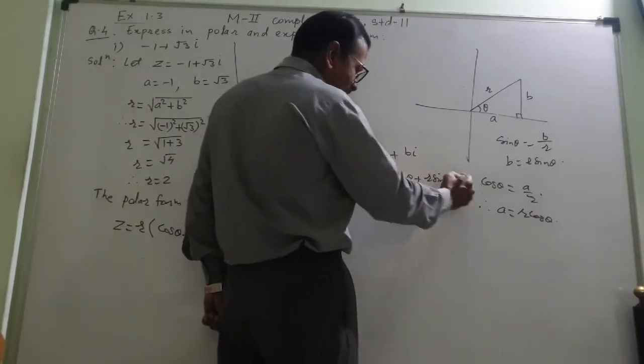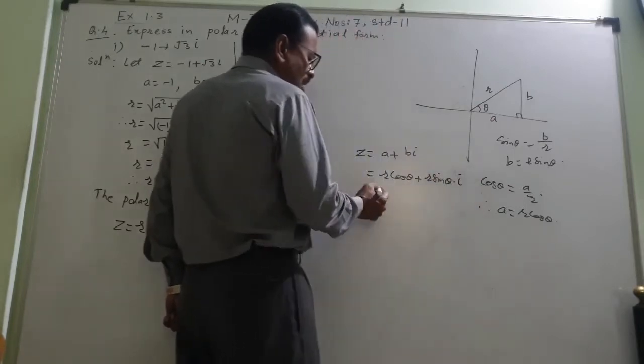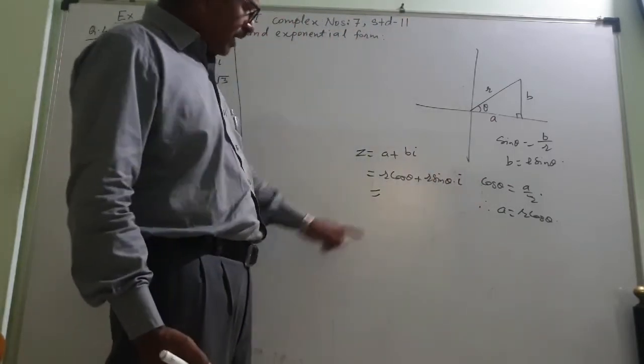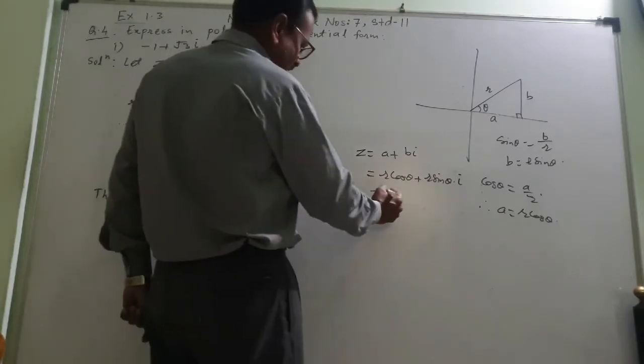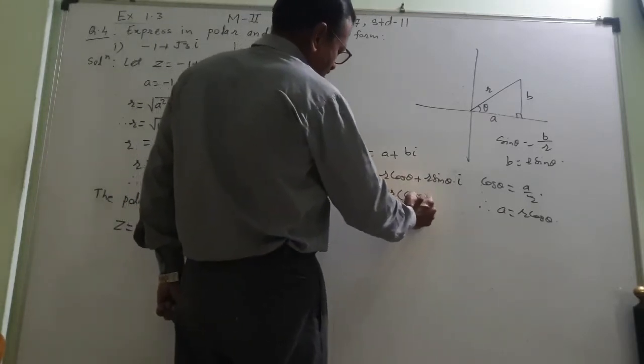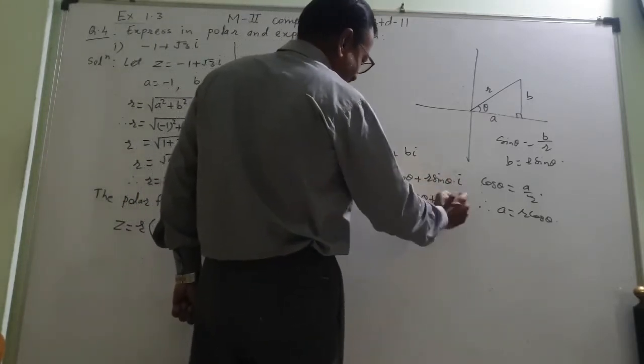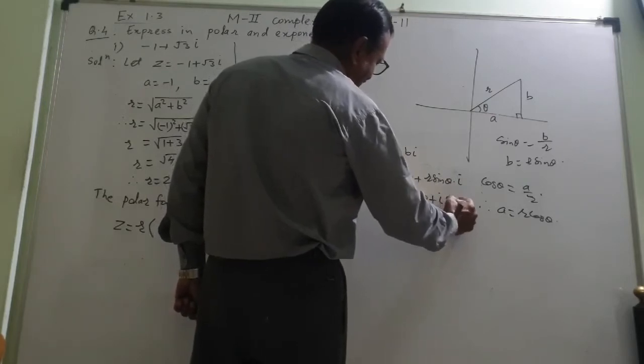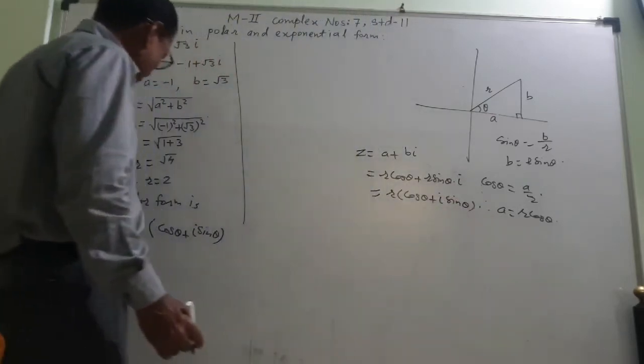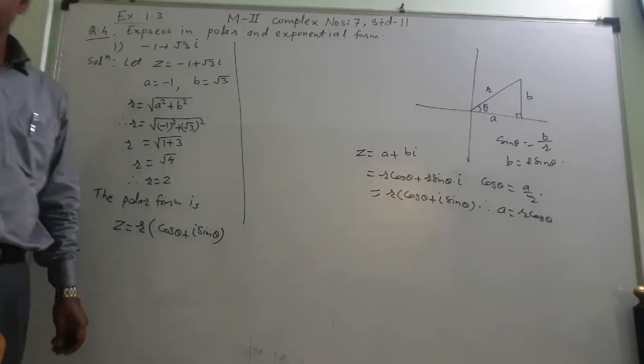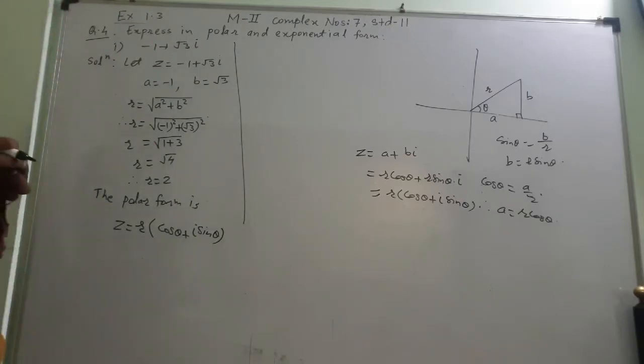And it has i also. So from this, R is taken common. So cos theta plus, this i I will write first, i sin theta. This is called the polar form. Hope that you have understood this.